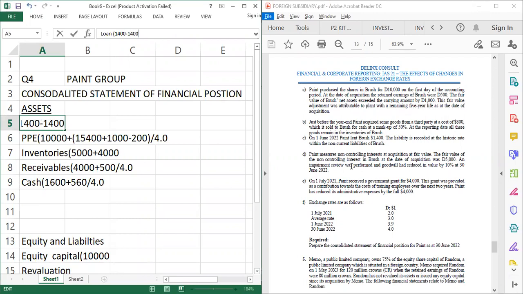But Brush's figure is not in dollars, it was in D. So we ask ourselves, what is the value of the loan? What is the equivalence of the loan they are reporting in their non-current liabilities? They say this liability is recognized at the historical rate within the non-current liabilities of Brush. When was the loan given?